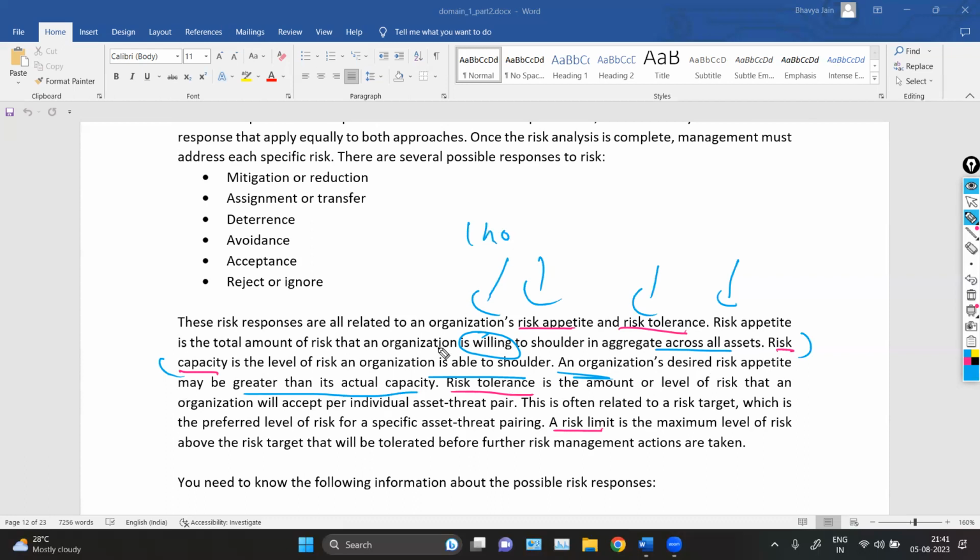So the willingness is greater than the capacity. Risk appetite is what the organization is choosing or expecting to handle, and risk capacity is the actual risk the organization can handle. Okay, so there's a difference.